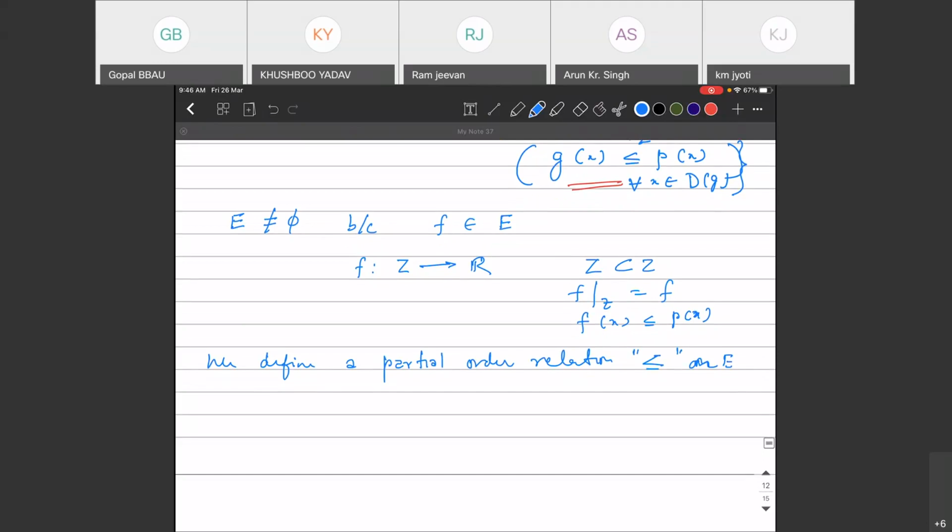We take two members of E, G and H, and we say G is less than or equal to H if and only if, number one, it is intuitive and natural that DG should be a subset of DH.